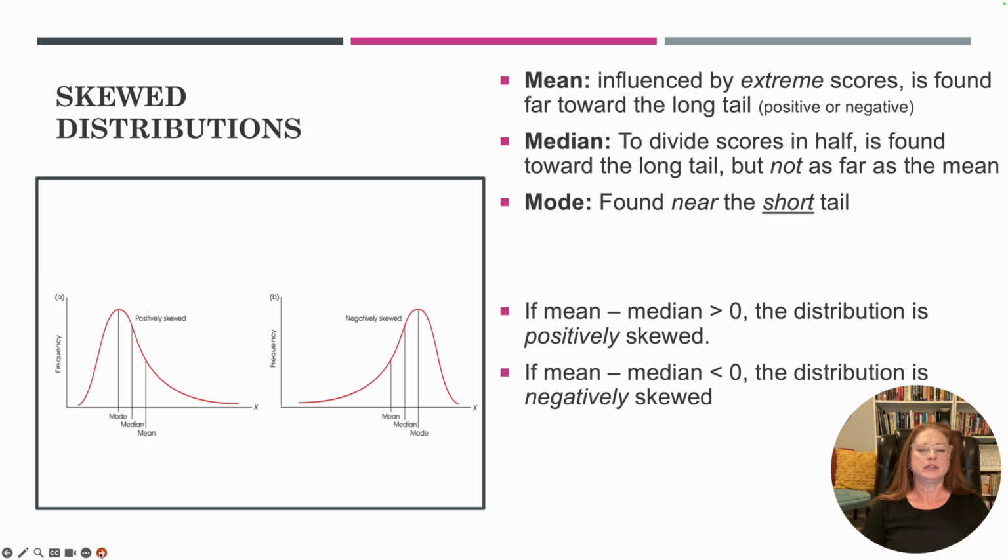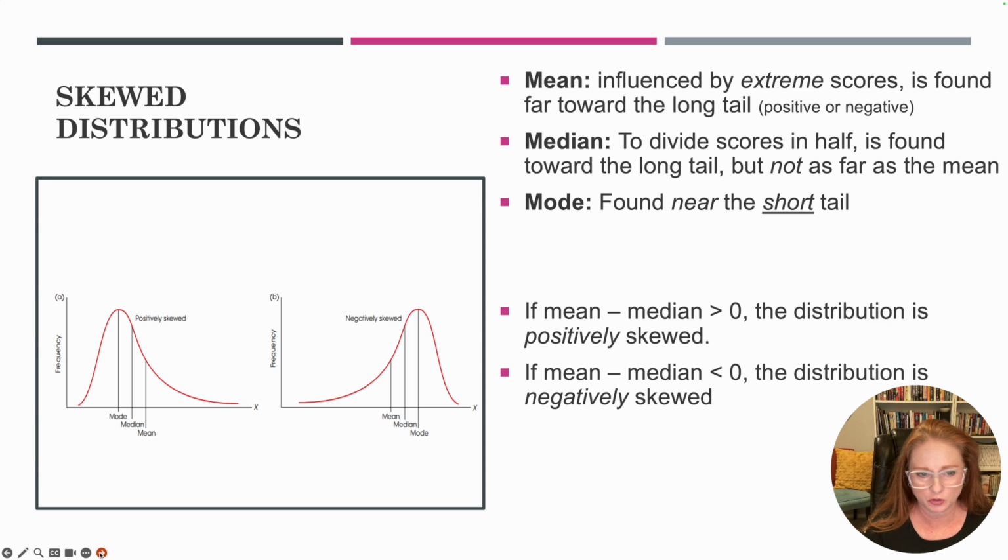Okay. So if the mean minus the median is greater than 0, the distribution is positively skewed. If you don't like to look at it pictorially and you like to look at it mathematically, you can run a math equation. If the mean in this case is 10 and the median is 7, 10 minus 7, right?